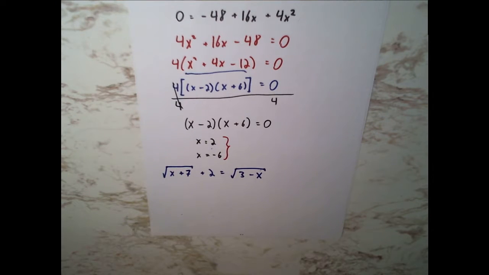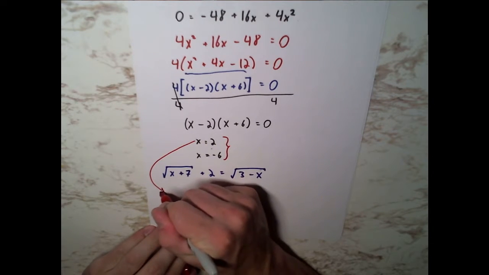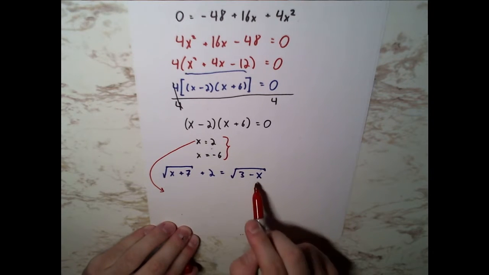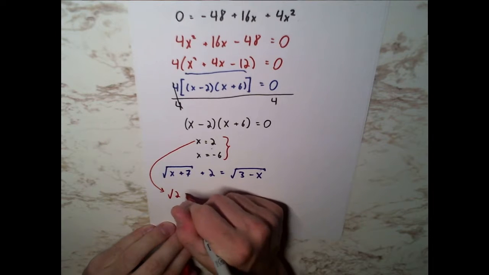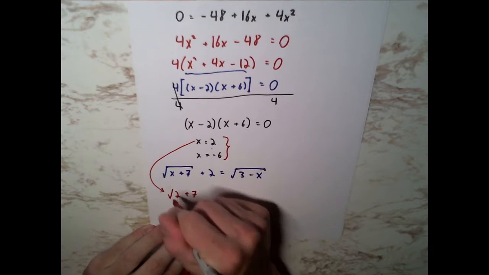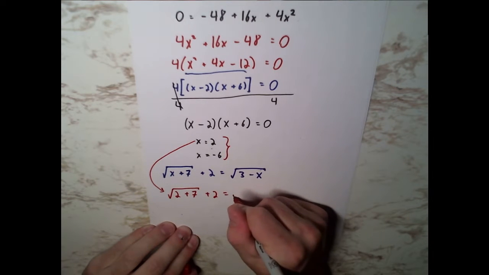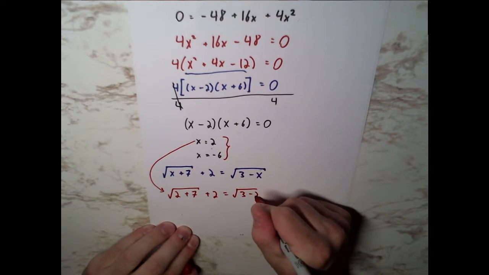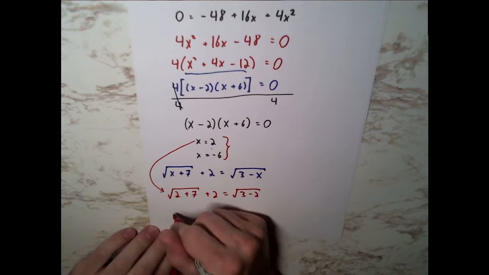So let's plug in 2 first. So I'm going to take 2 and I'm going to replace it with all of my x's. So I end up with the square root of 2 plus 7 plus 2 equals square root of 3 minus 2. And let's just continue to simplify.